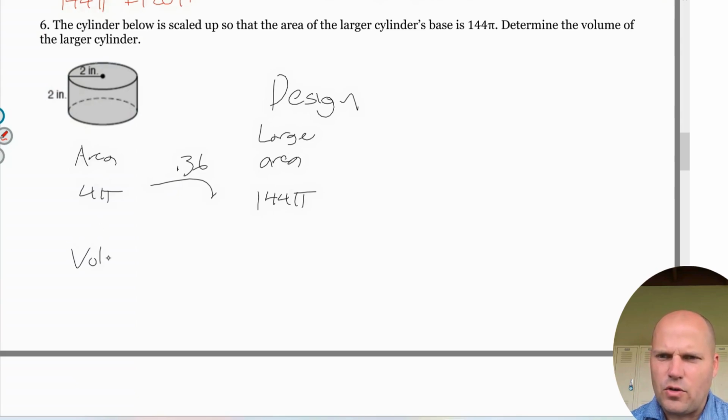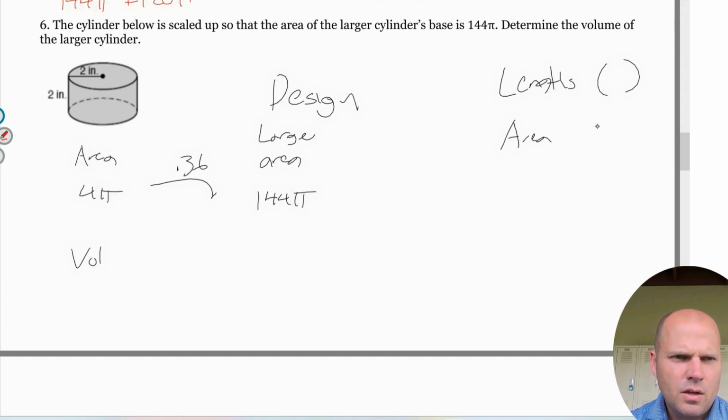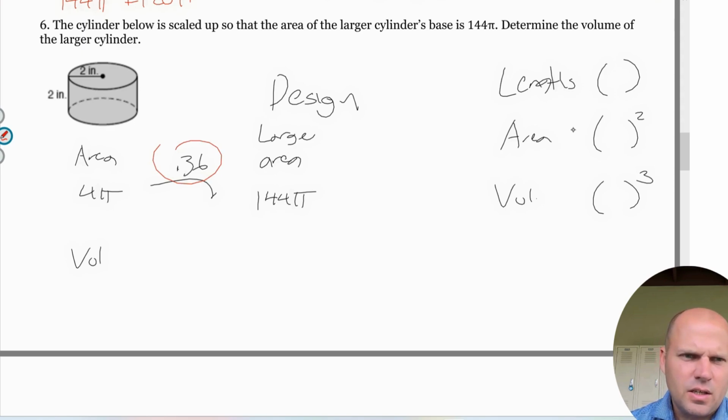Well, that means the lengths, which are always units, areas, units squared, volumes, units cubed. The area being times 36 means it's 6 squared. The volume, therefore, is going to be 6 cubed times the volume of the smaller one.